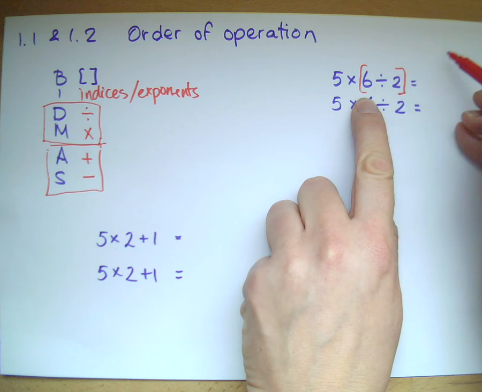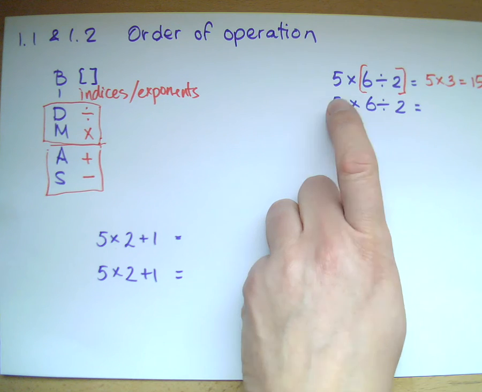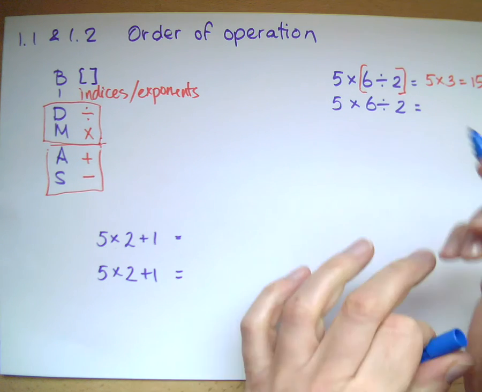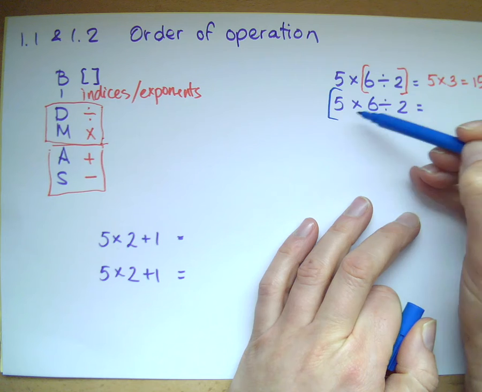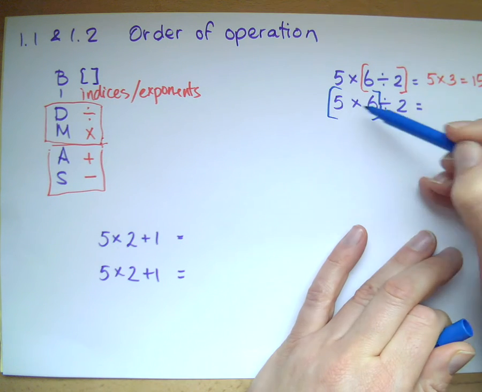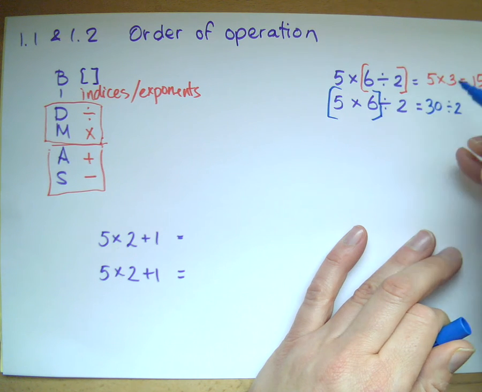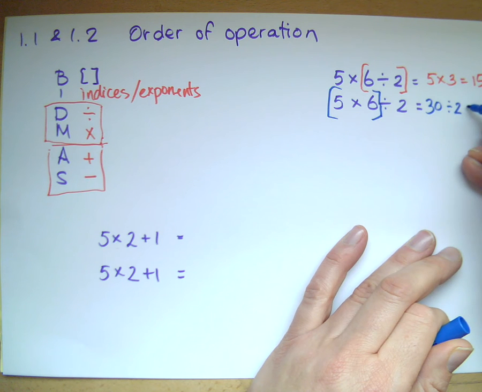So 6 divided by 2 is 3, so we multiply 5 by 3. That's 15. If we said multiplication comes first, we would do this bit first and then do the division. 5 times 6 is 30, divided by 2. Division comes second. That also gives us 15.